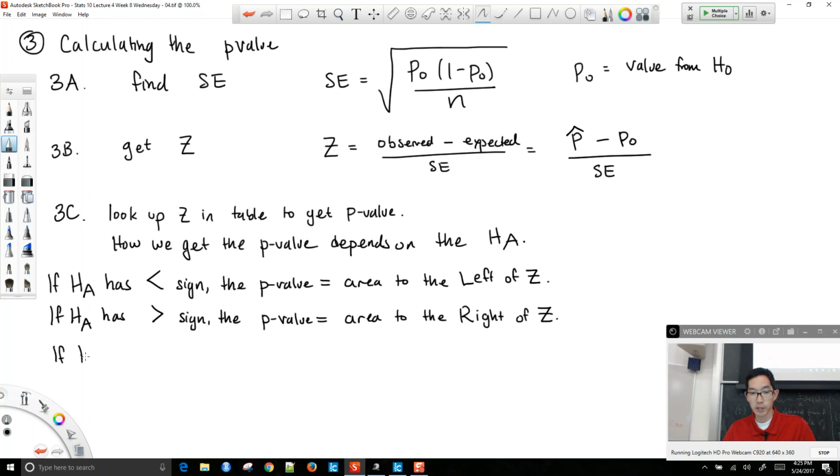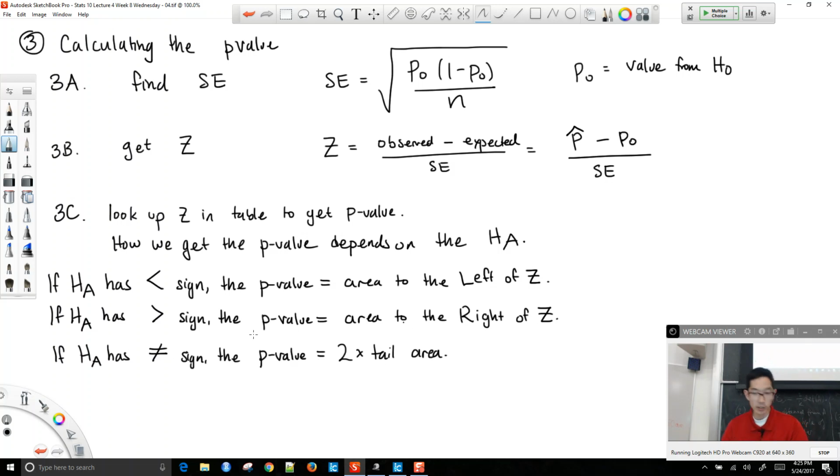And lastly, if the alternative has a not equal sign, the p-value is equal to 2 times the tail area.